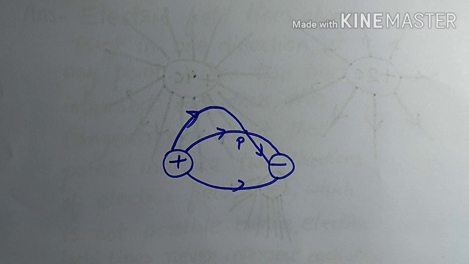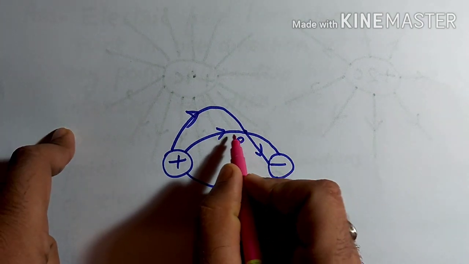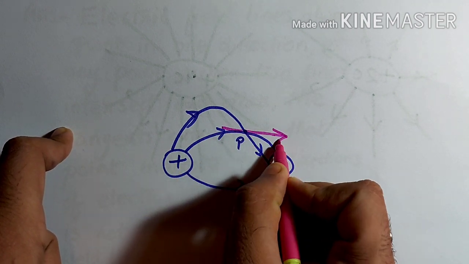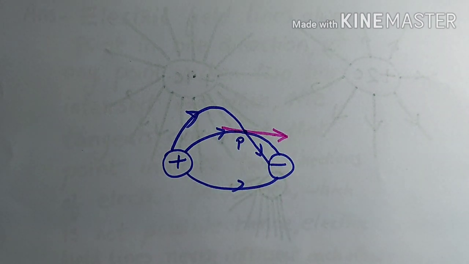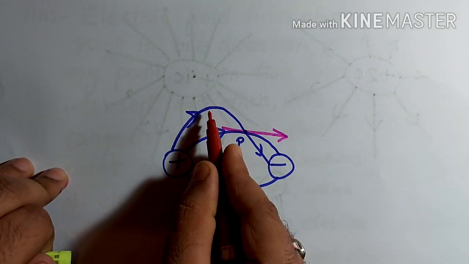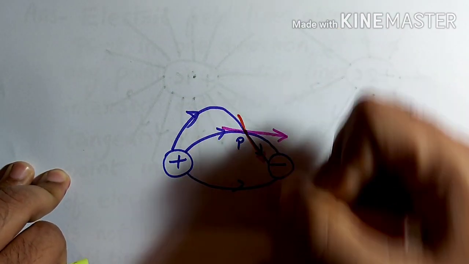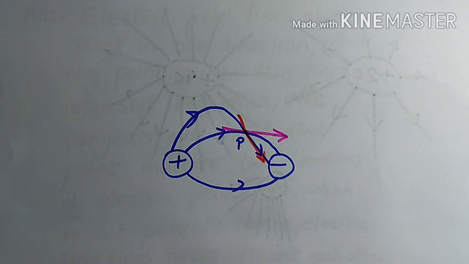As the seventh property says, at a particular point, we need to draw a tangent to determine direction. Now, the tangent along this curve shows this direction, and the tangent along this particular line shows the direction to be this one.